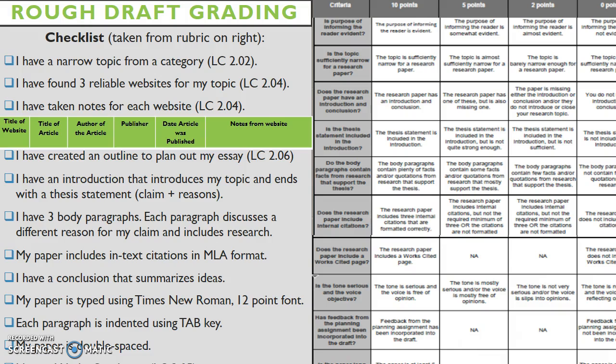And then your in-text citations. This is what we talked about yesterday. So if you need a review, or Wednesday, if you're watching this on Friday, we talked about it on Wednesday. You can always view the Class Connect recording from that day, but we talked about the fact that you need to make sure that you are including in your paper itself either the author's last name in parentheses or the title of the article at the end of your paragraph or after you used a direct quote.